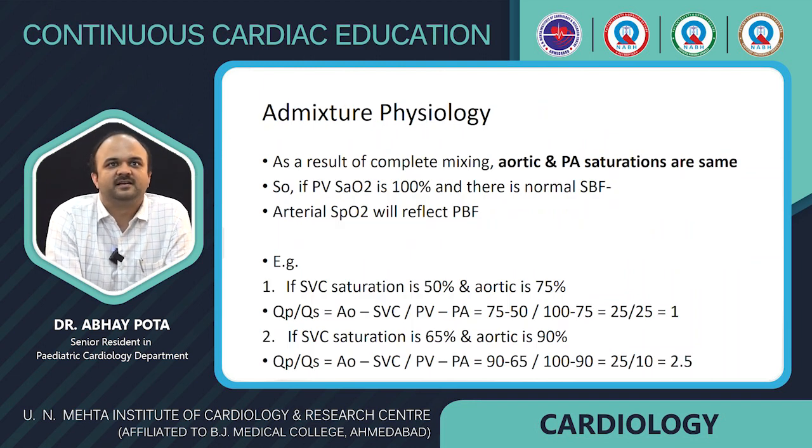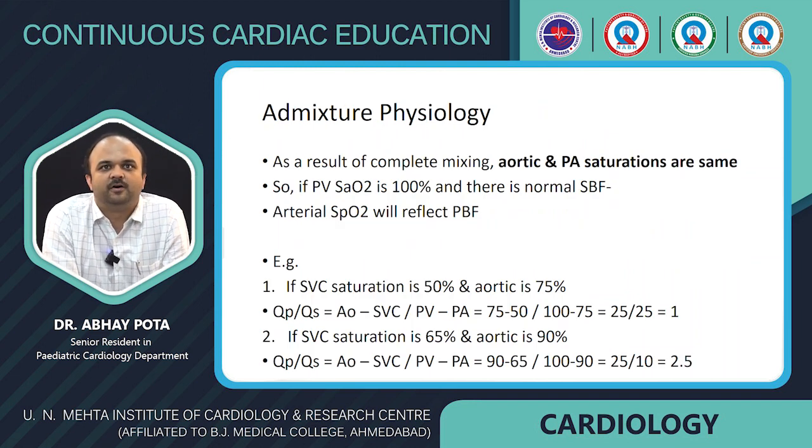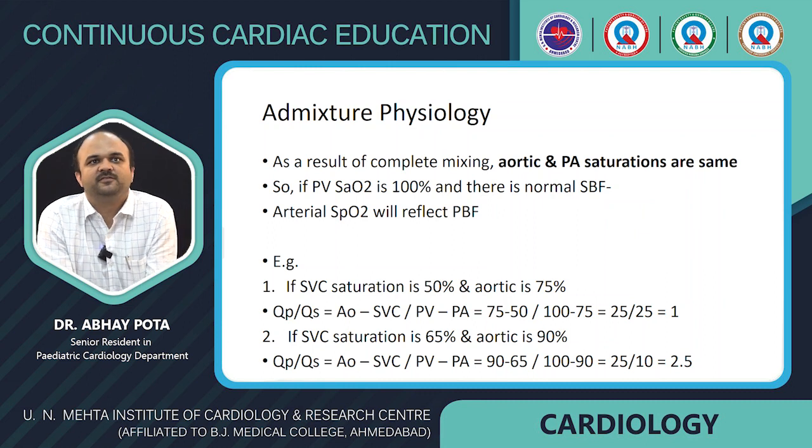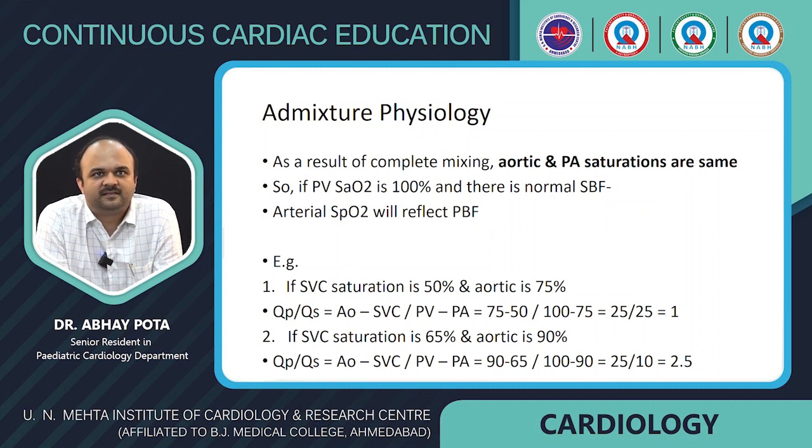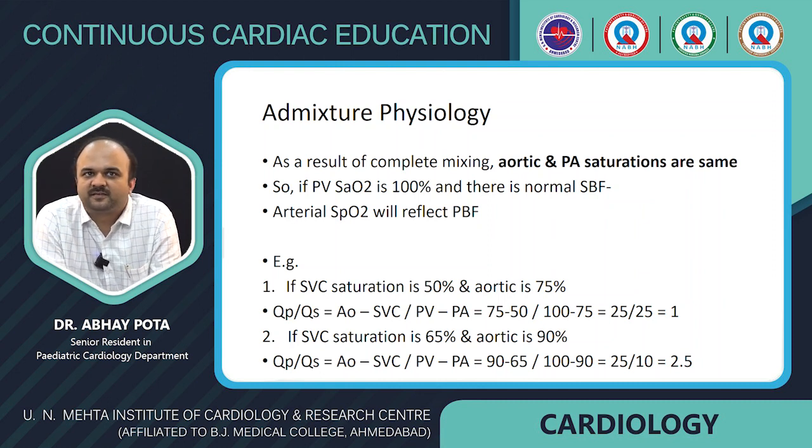In admixture physiology, as a result of complete mixing, aortic and PA saturations are same. So if pulmonary venous saturation is 100% and there is normal systemic blood flow, arterial saturation will reflect pulmonary blood flow.